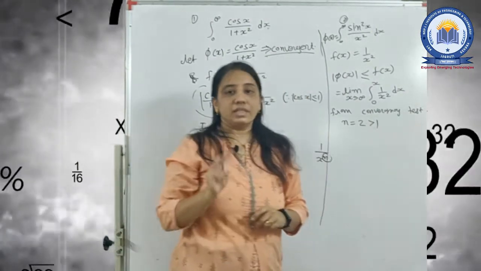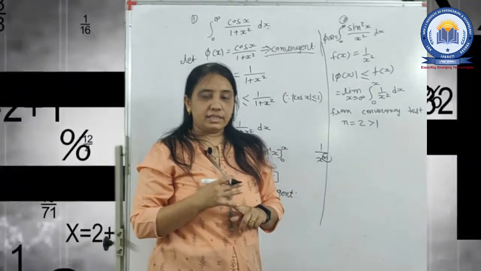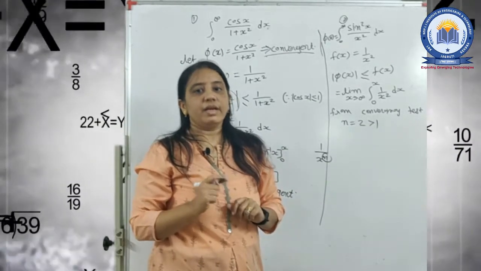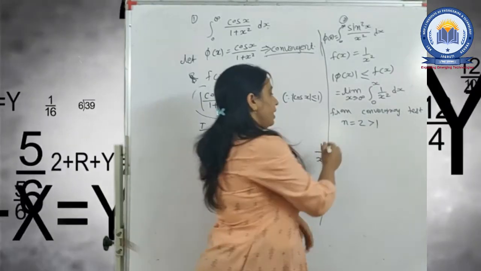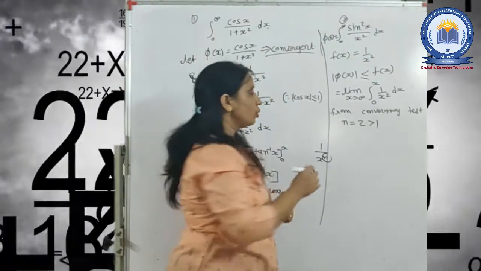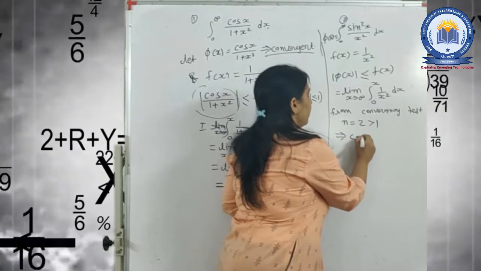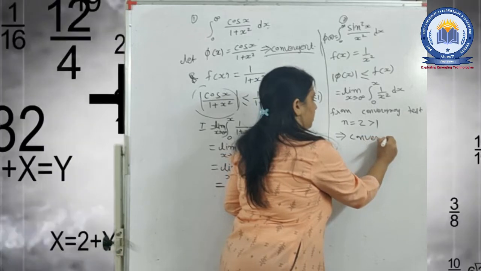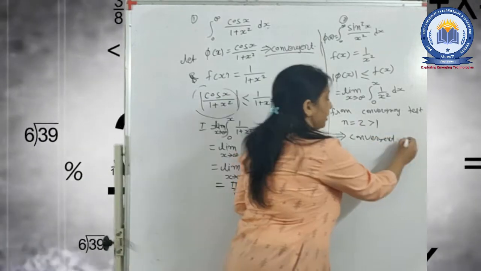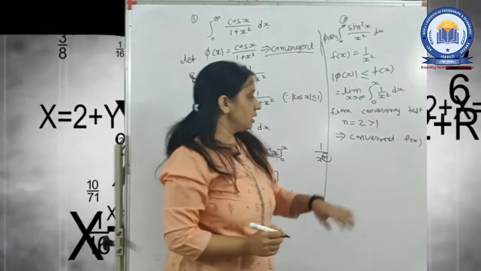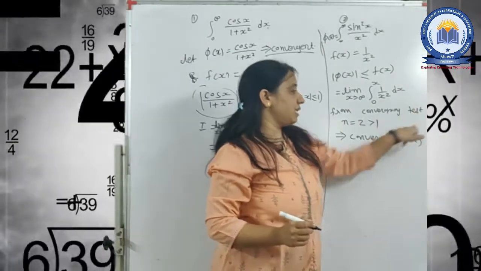We have seen the three cases: n greater than 1, less than 1 and equal to 1. If n is greater than 1, that is convergent. So our fx is convergent. This is from the convergency test.